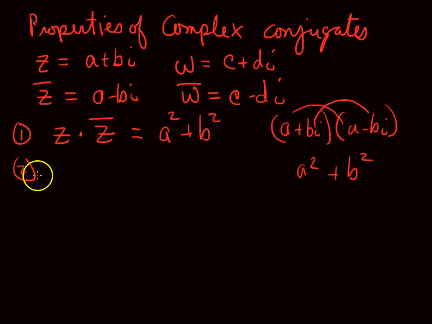Second property. One over z equals z bar over z times z bar.